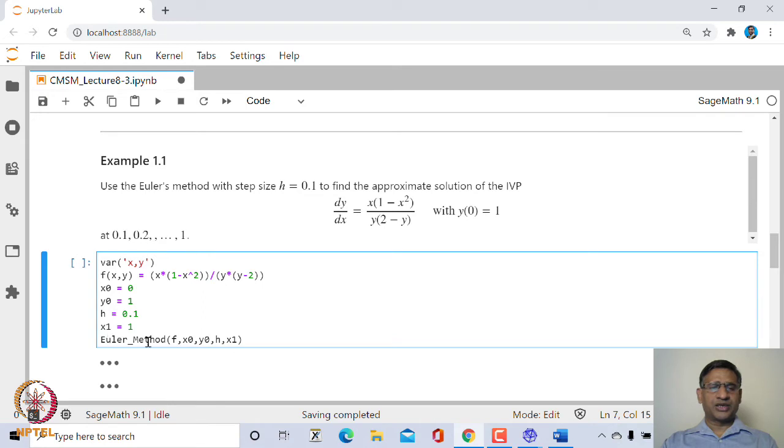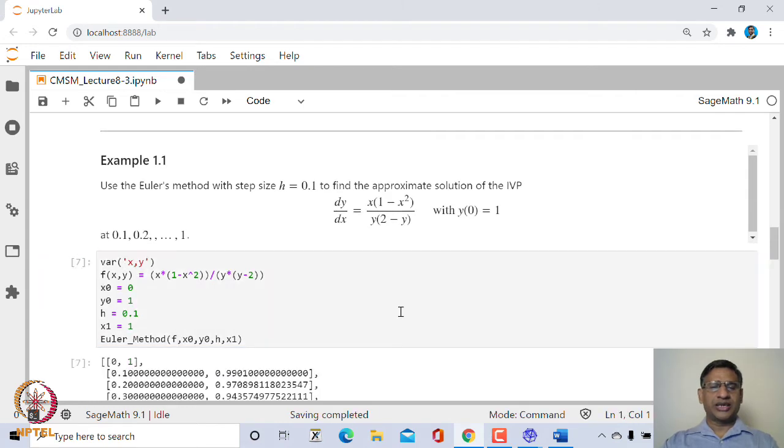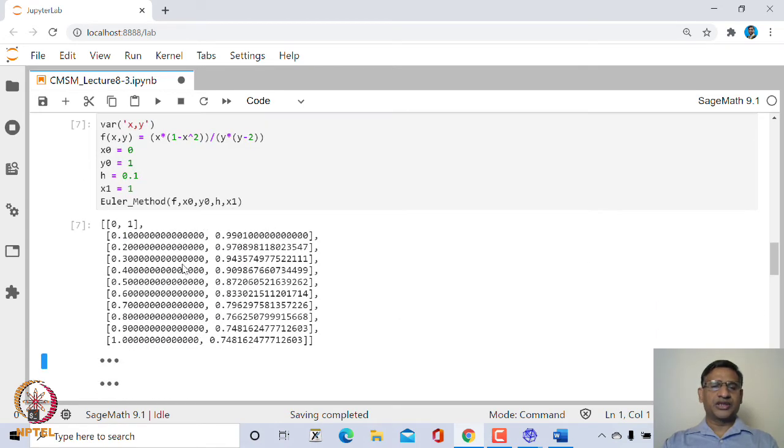So now let us call Euler underscore method of f, x naught, y naught, h, comma x1. This gives you a list of xi yi. At 0 it was 1, at 0.1 it is 0.9901, and so on. At 1 this is 0.748162 and so on, right.